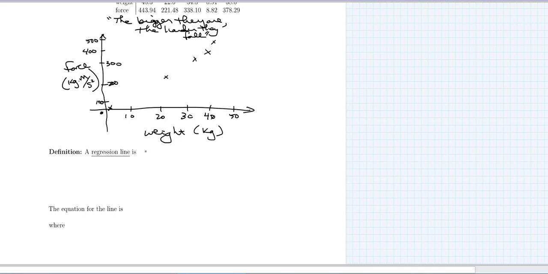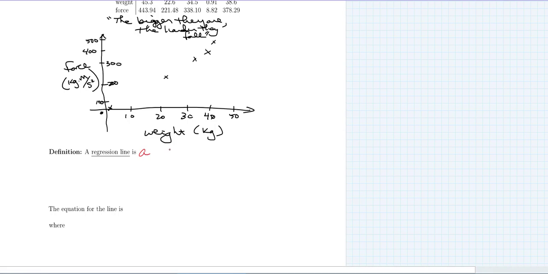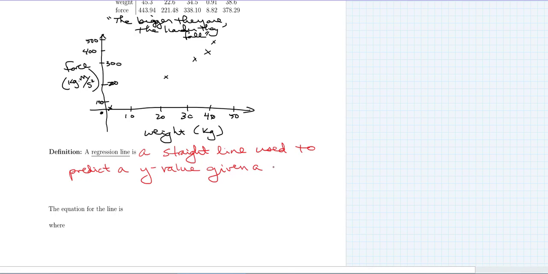So a regression line is a straight line used to predict a y value, or a response or an outcome, given a value of x.